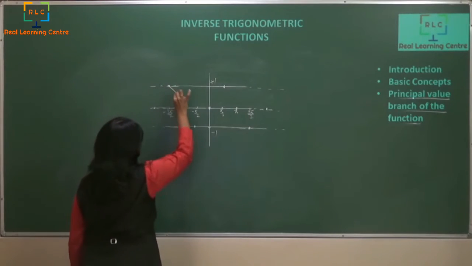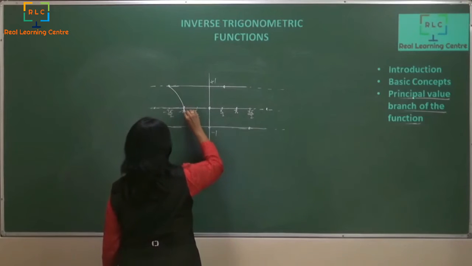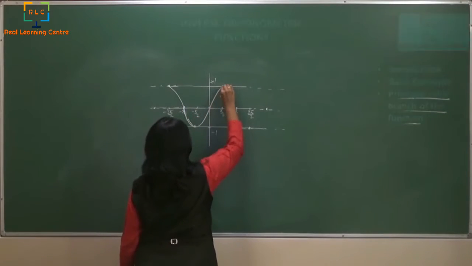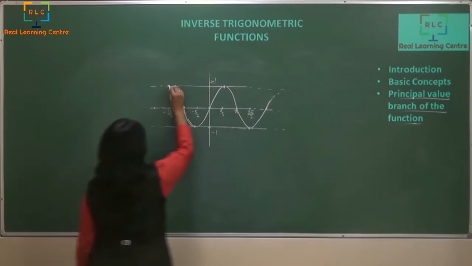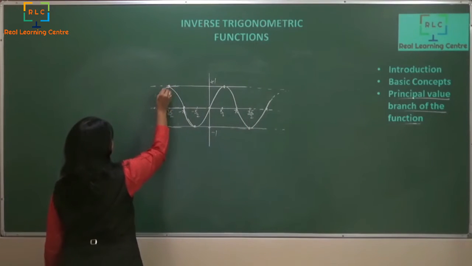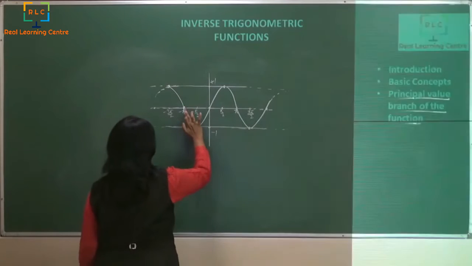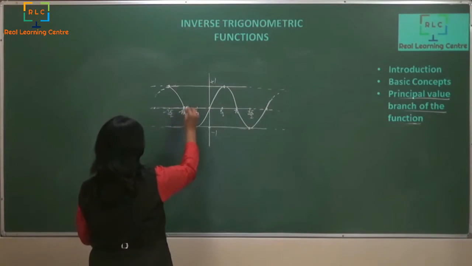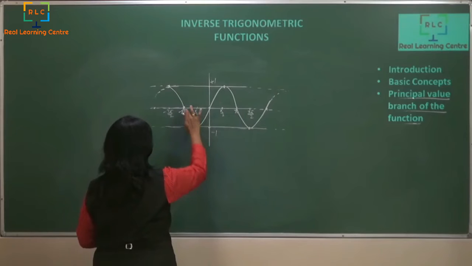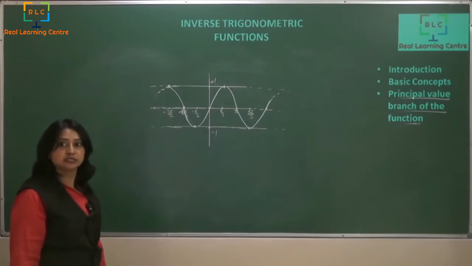So your sine curve is like this, and this is minus pi.